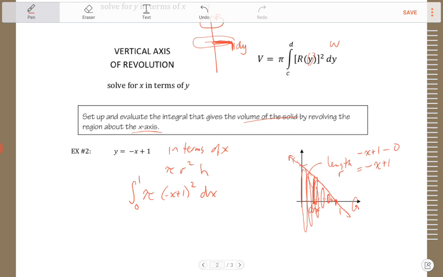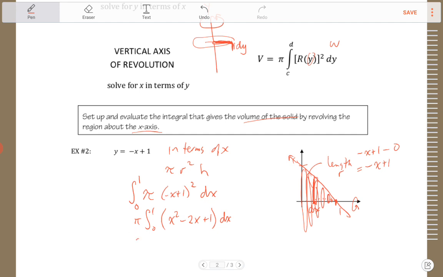Okay, so just like we did in our previous example, let's just go ahead and do the basic math to this. So we have, I'll move the pi out, so 0 to 1, and we need to distribute that. So we will get x squared minus 2x plus 1, and then don't forget this is with respect to x, so dx.